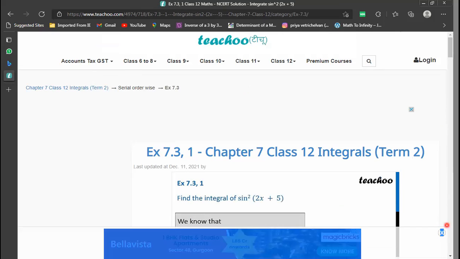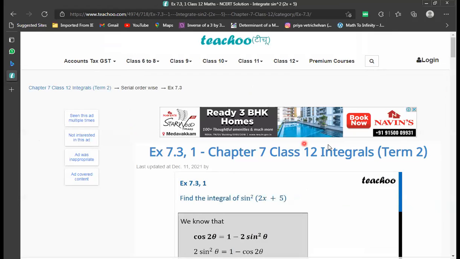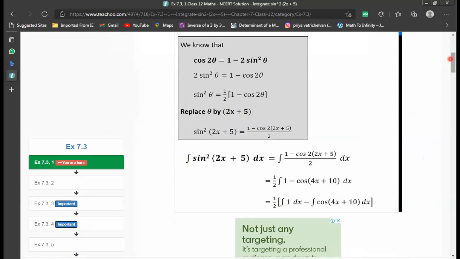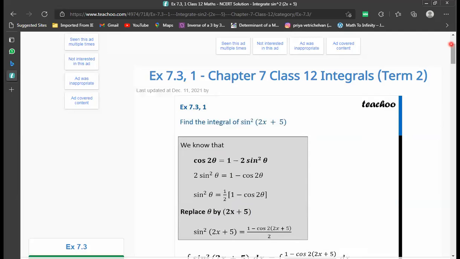So you have sine square of 2x plus 5. Before solving this question, you just have to convert this sine square theta in terms of double theta.